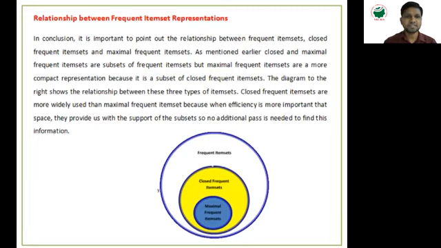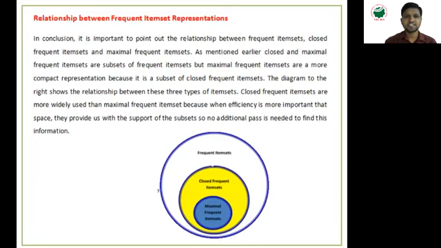Closed frequent item sets are more widely used than maximal frequent item sets because for maximal we have to find the frequent item sets first. In case you are not able to find the frequent item sets, obviously you are going to find closed frequent item sets. Which is more important, efficiency or space?